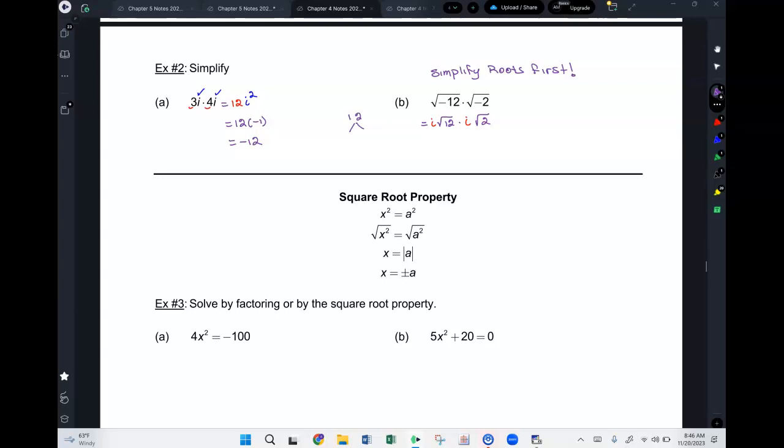What do you guys want to split it into? 6 and 2. And the 6? 3 and 2. These 2's come out. So I have 2i root 3 times i root 2. Okay? Now, these i's will be i squared, right? So this is 2i squared.